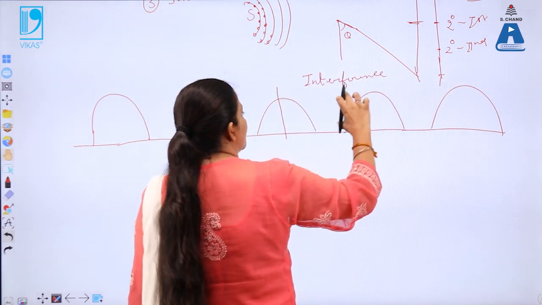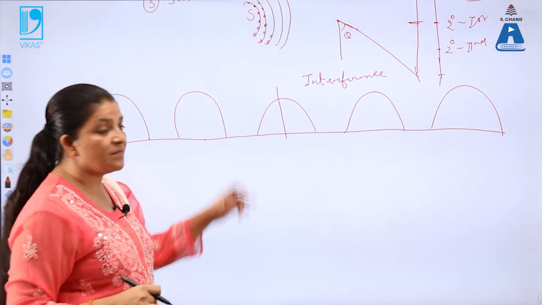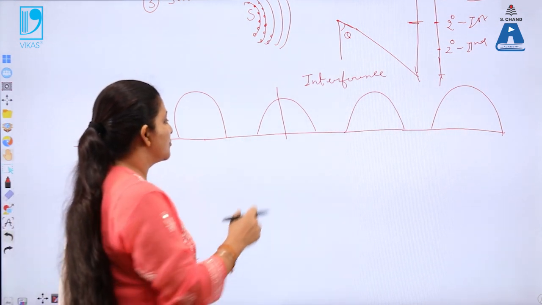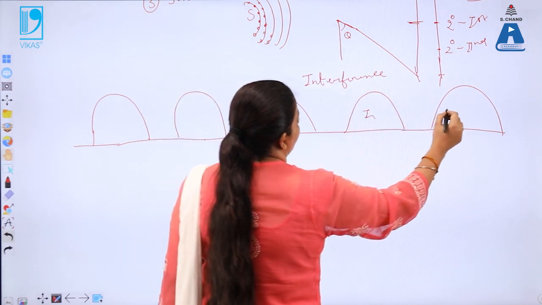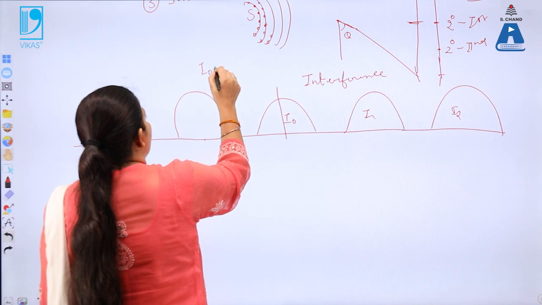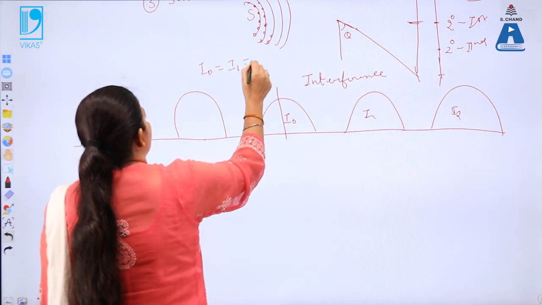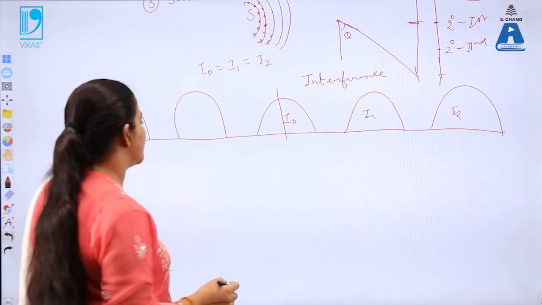That means the intensity of each and every maxima is the same as that of the central maxima, so I0, I1, I2 are the same as each other. This is the interference pattern.